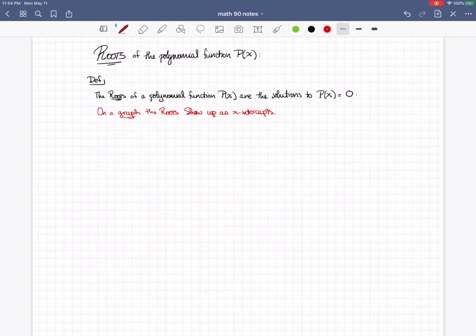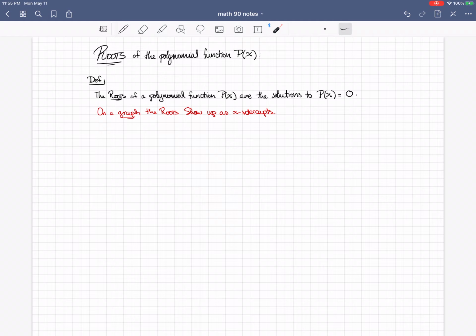When we write something like p of x equals 0, we are literally saying, we know the output is 0. What's the input that makes the output 0? And outputs show up as y-coordinates. So graphically, you're looking at all of the values of x where the y-coordinate is 0. Well, if the y-coordinate is 0, then it's a point on the x-axis, which is why on a graph the roots show up as x-intercepts.